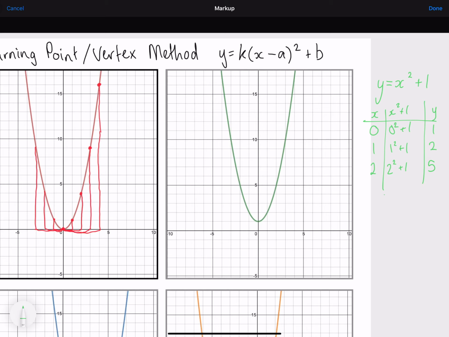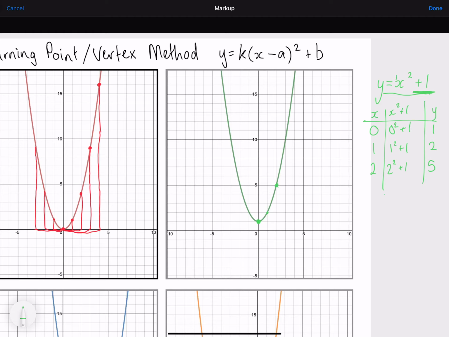We can see those points on the graph here, right? (0, 1). When x is 1, y is 2. When x is 2, y is 5. But when we're thinking about the turning point or the vertex format, we can look at our equation up here and think, oh, the vertex is going to start at x is 0 and y is 1. It's just going to be shifted up 1 because of that plus 1 on the end.